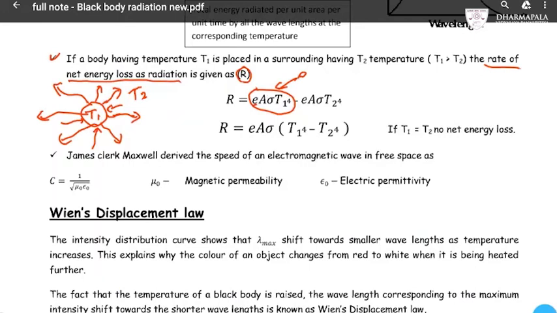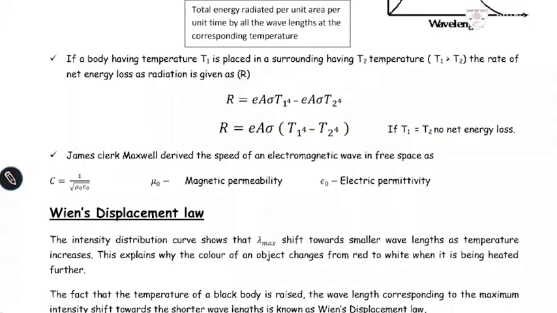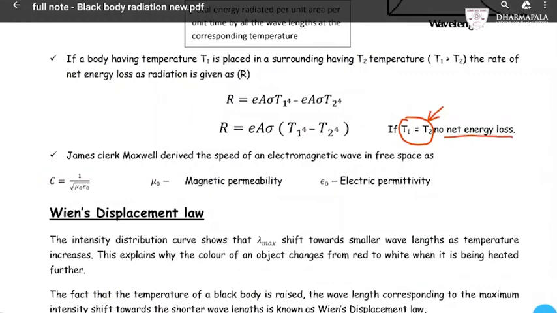And here, if T1 is equal to T2, which means there is no temperature difference between the room and the object, then there is no net heat loss, no absorption or loss. So this is the equation we use to find the rate of thermal radiation loss.